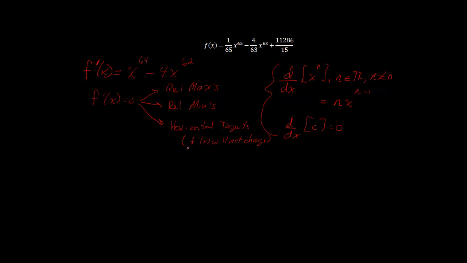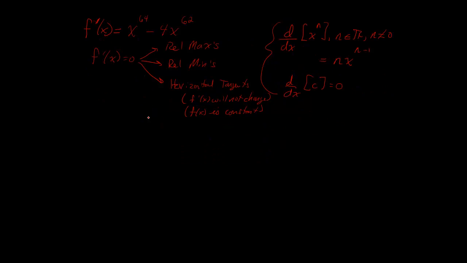The function is constant, so it's neither a max nor a min. So we take x to the 64th and subtract off 4x to the 62nd and set this equal to 0.